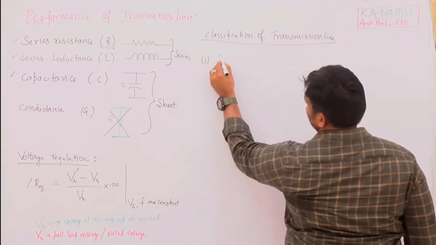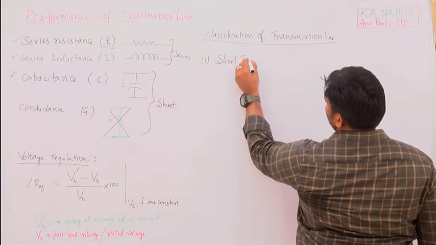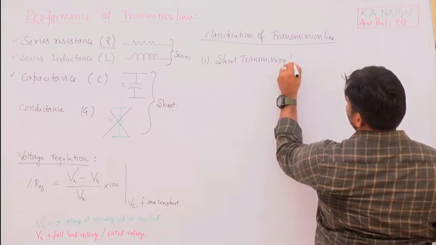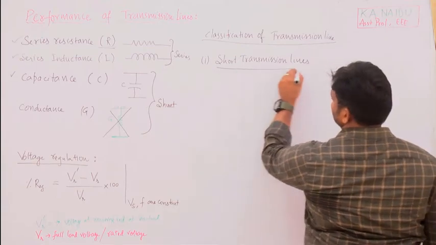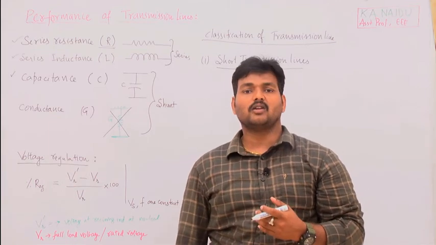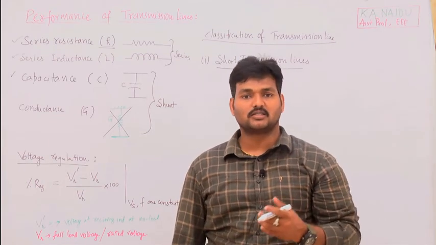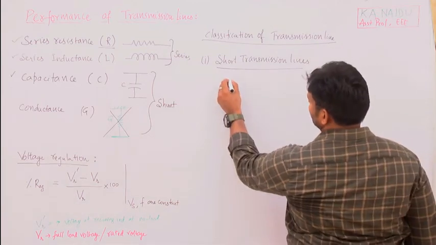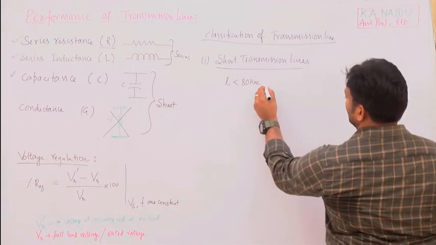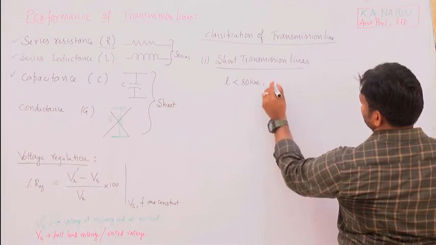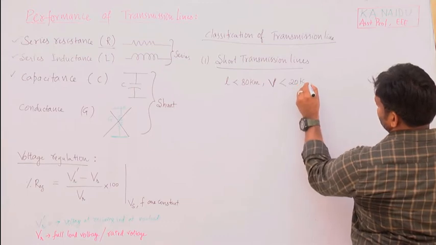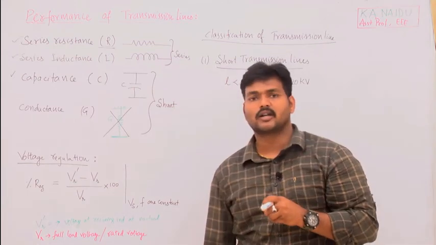The first category is called the short transmission line. In the short transmission line, the length of the transmission line is less than 80 kilometers and the operating voltage is less than 20 kilovolts. So when the length is less than 80 kilometers and the operating voltage V is less than 20 kilovolts, it is called a short transmission line.